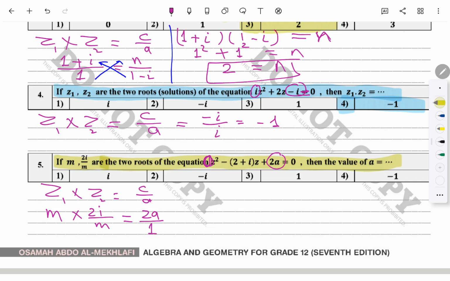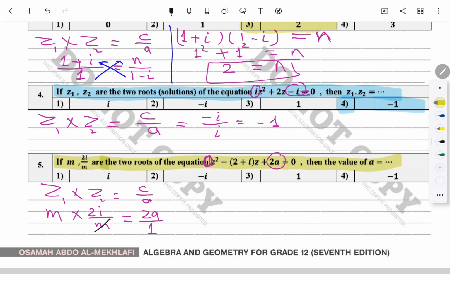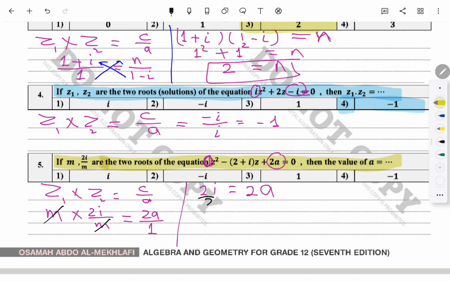I can cancel this m by m, down and up, and you can get finally this 2i to the left and 2a to the right. By dividing both sides by 2, you can get rid of this 2, and you can have a equals i is your solution, which is going to be choice number 1.